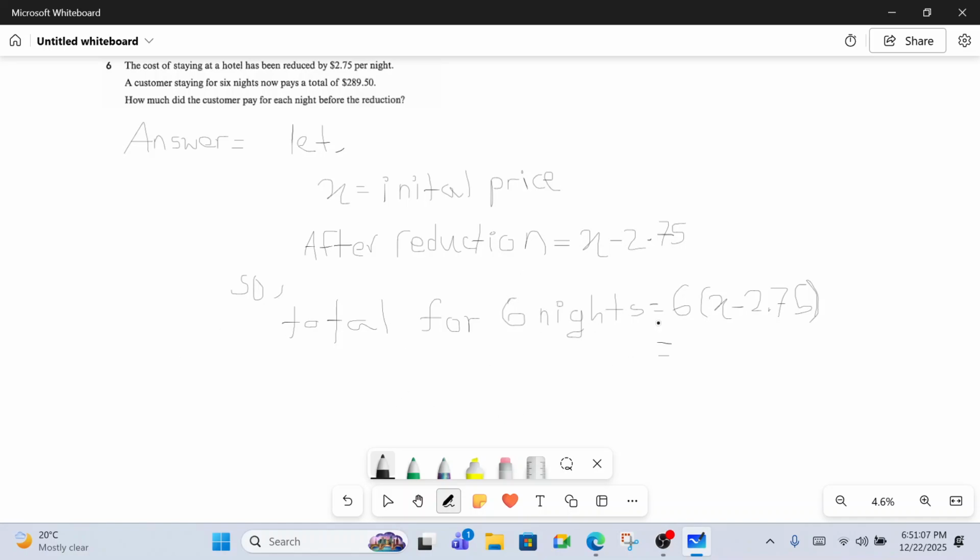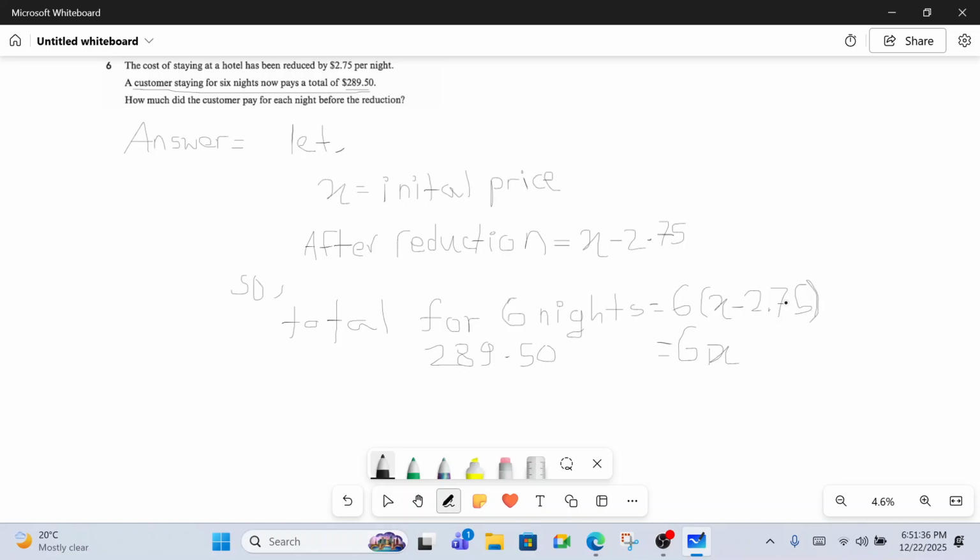Now that we know he pays this much for 6 nights, and it's given here, you can just swap this out with 289.50 since it was given in the question above. So it's technically 6x.